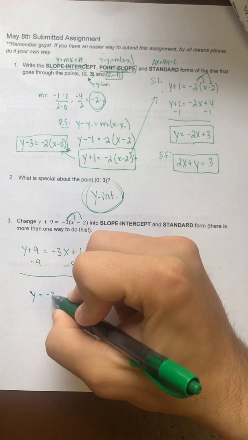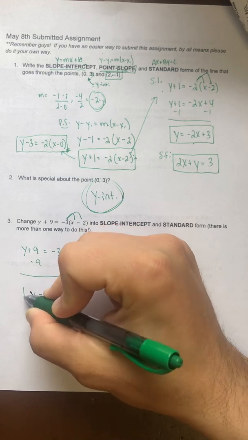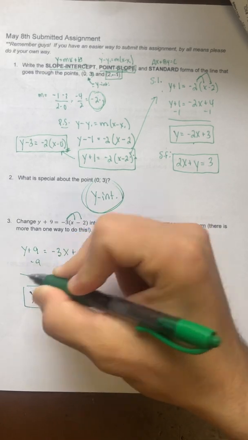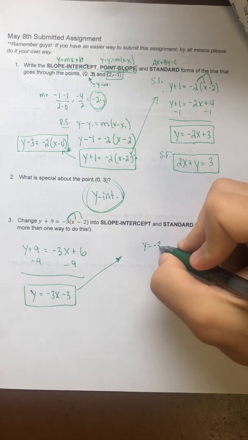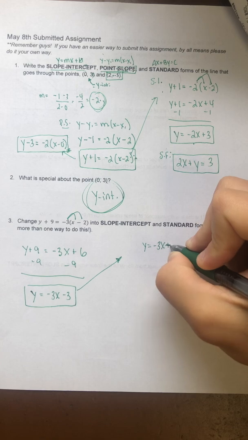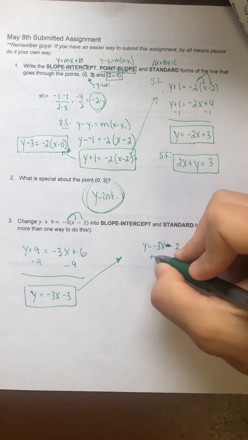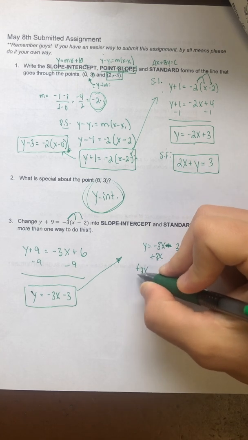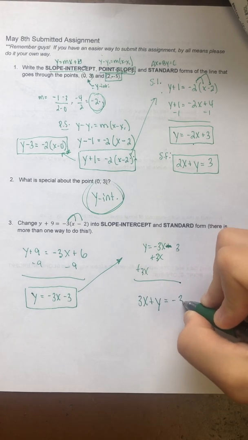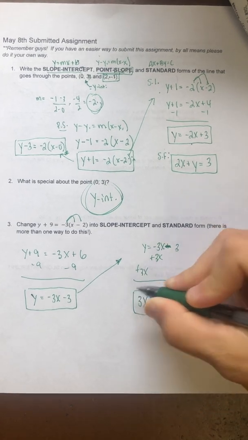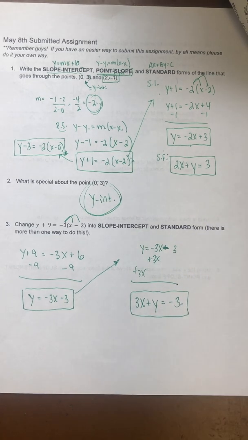And there we go, I've got slope-intercept form. And then this one's just as easy as the one above. To put that in standard, sorry, it's a minus sign. Just got to add the 3x to the other side. 3x plus y equals -3. It is okay if c is negative in standard form.